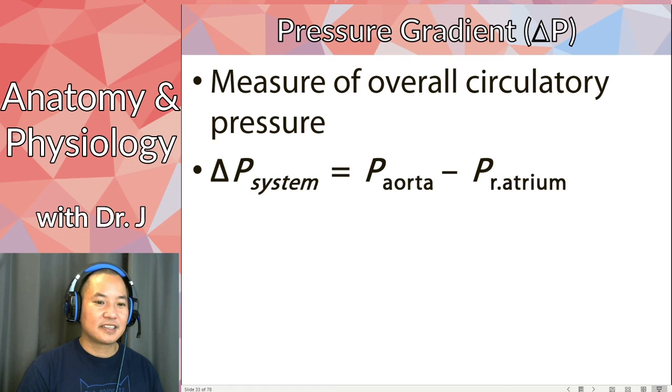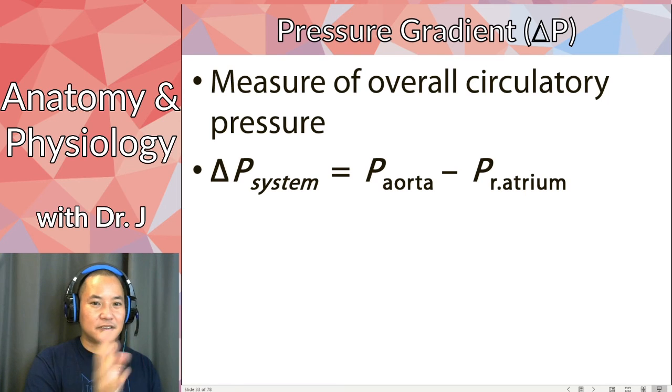And what we see is that for the delta P in your entire circulatory system, when we're talking about systemic pressure, where's the pressure the highest? Well, what's the vessel that's closest to your heart, or leads from your heart? Yeah, your aorta, right?